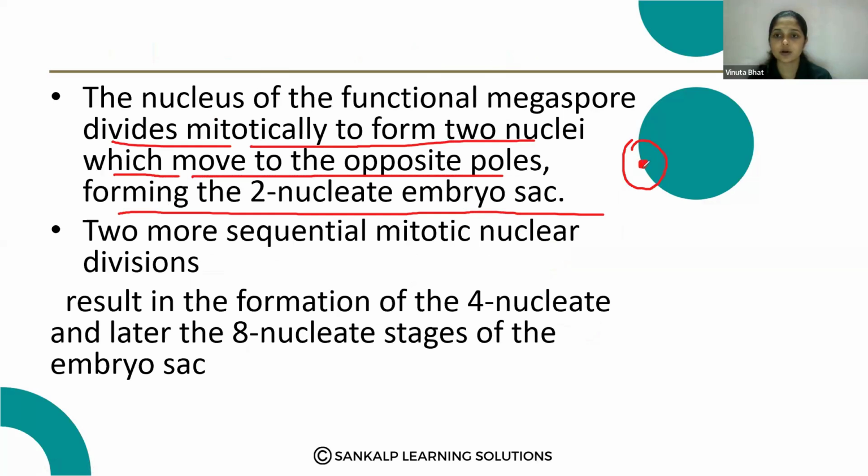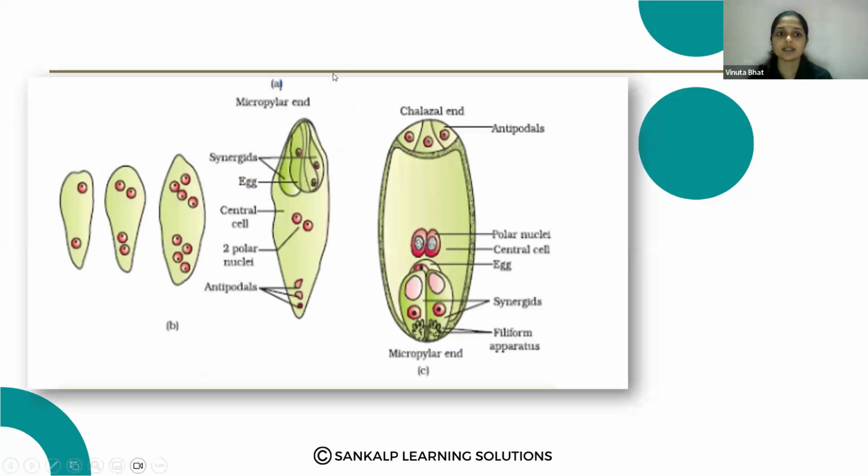The nucleus of the functional megaspore will divide mitotically and form the two-nucleate stage, the two-nucleate embryo sac. Then again two more sequential divisions. In the diagram you can see the two more sequential divisions.